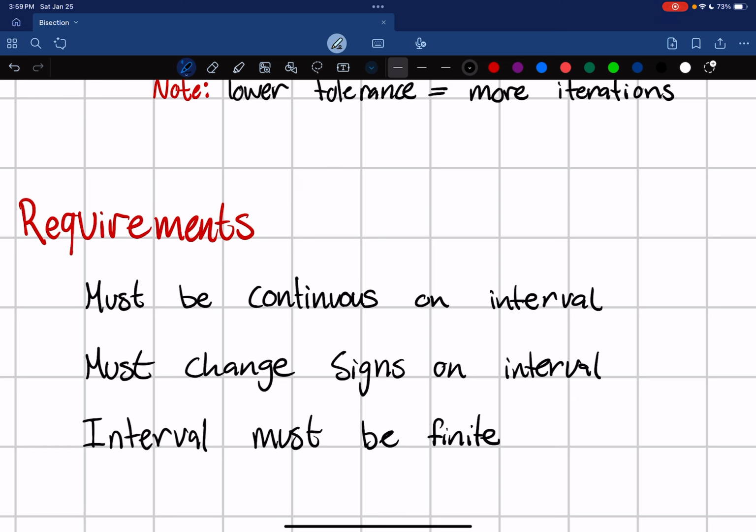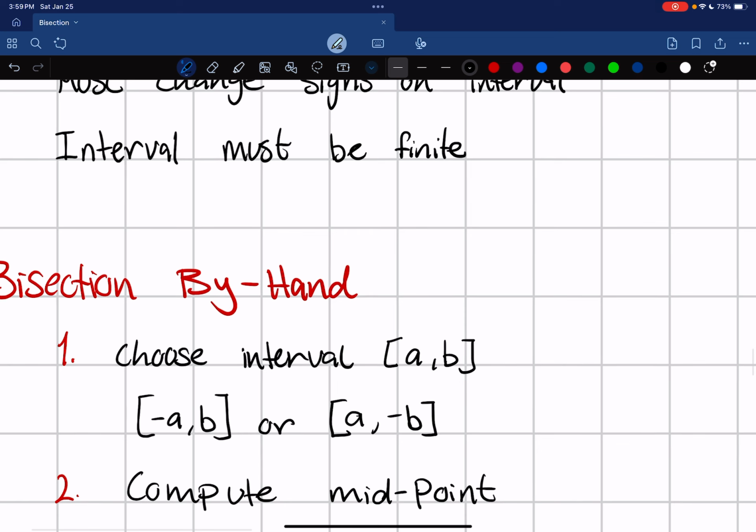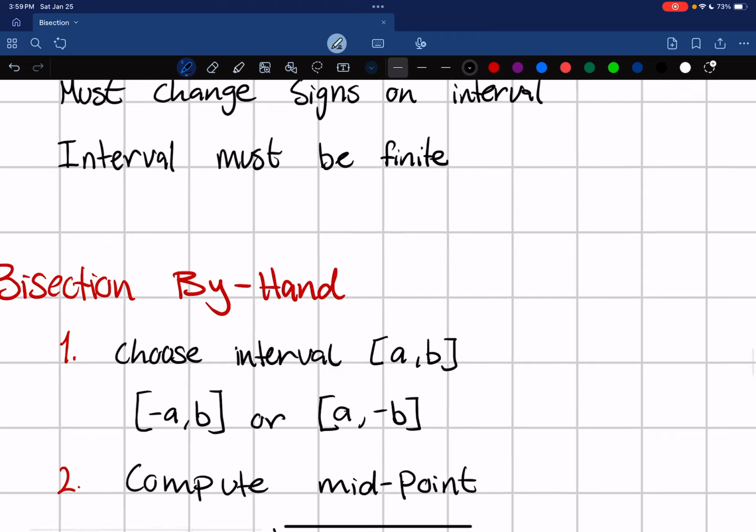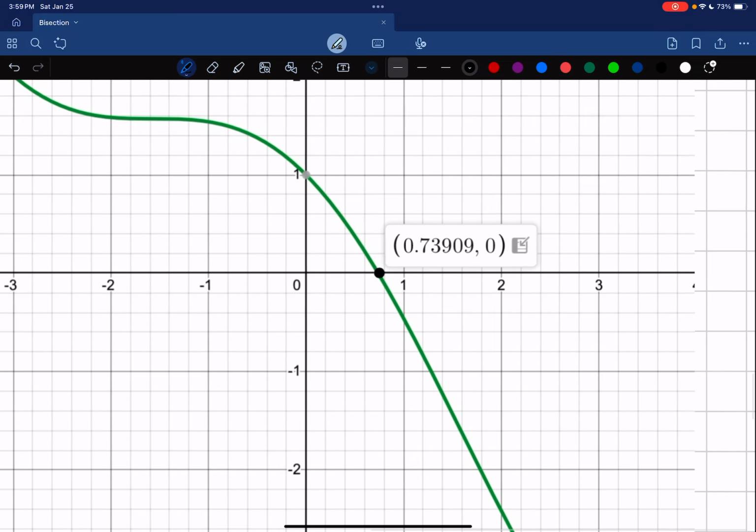The first thing is finding your initial interval. You choose your interval so that either A is negative and B is positive, or A is positive and B is negative. And like I said here, you have to find the interval where your root exists. That is the first step. You do it once and you don't do it again.